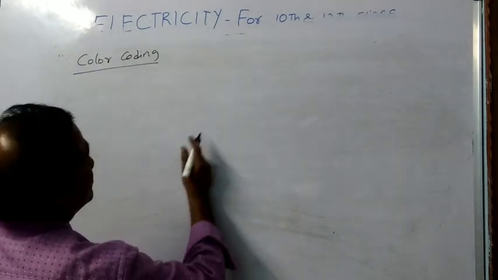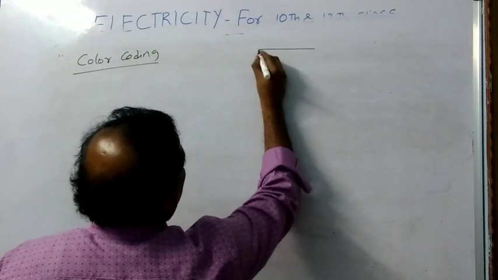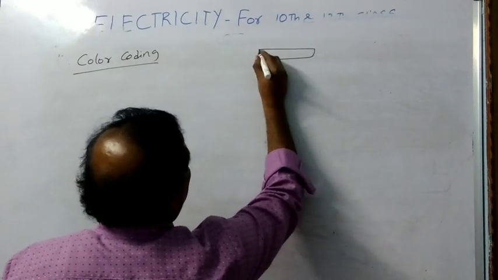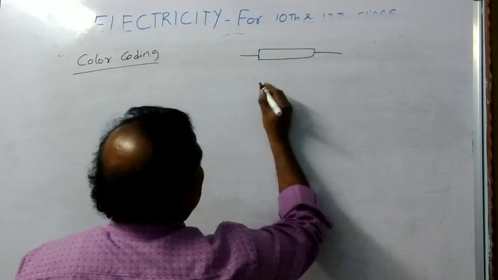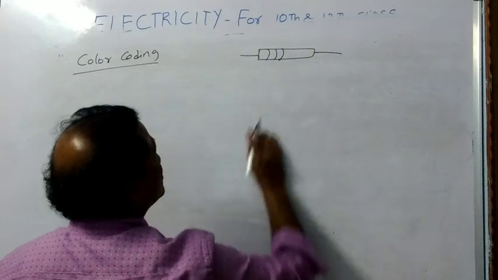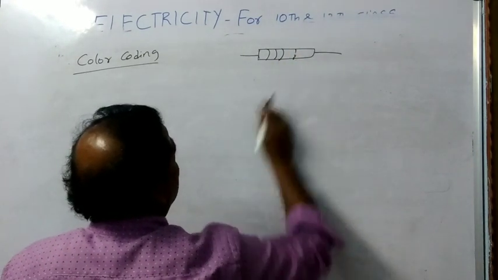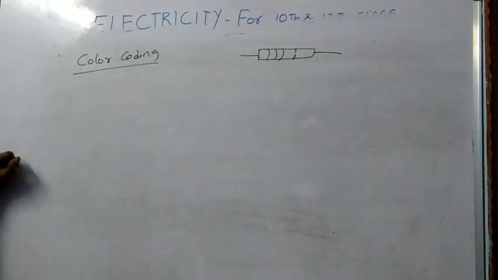Color coding is a very easy method. For example, a resistor in the market will look like this. It consists of many colors: 1, 2, 3 colors, and some fourth color will also be present.